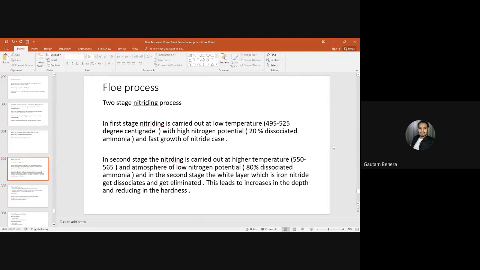Already it is written 20% dissociated and 80% dissociated. So more dissociation, more nitrogen, right? Less dissociation, less nitrogen. Now you people are getting my point? But here the thing is what? Hydrogen is also there. Two gases are there, right?